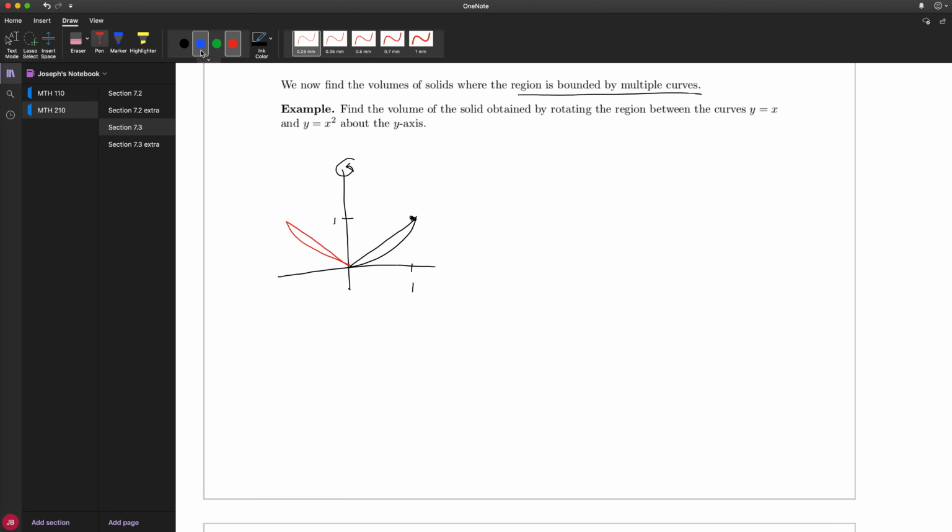So the way we're going to do this now is we're going to pick an x value. And what we need to do is find the surface area of this cylinder that I'm going to draw for you here. So hopefully it's clear what we're looking at.